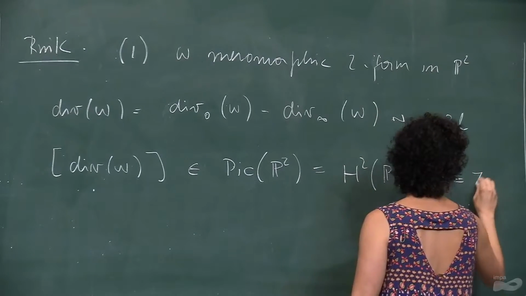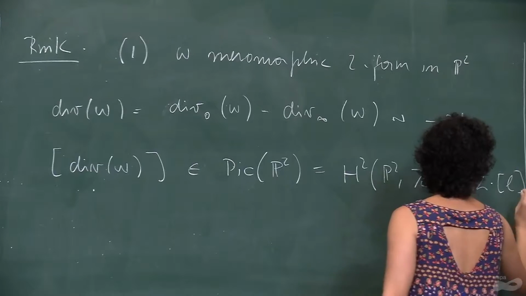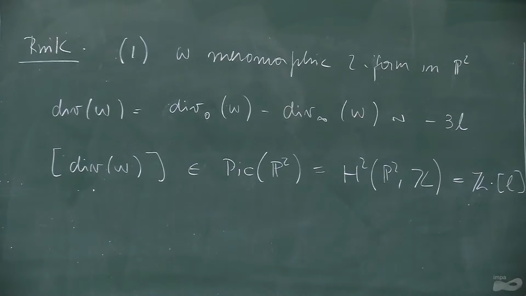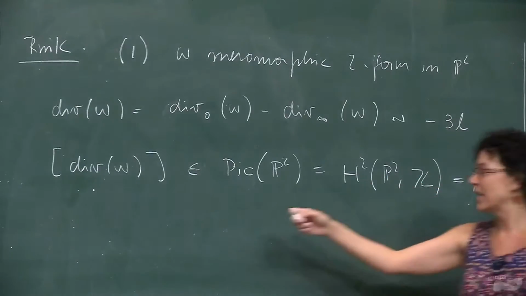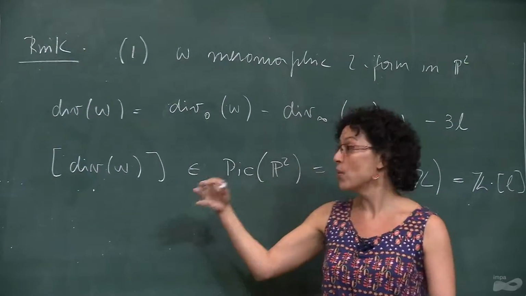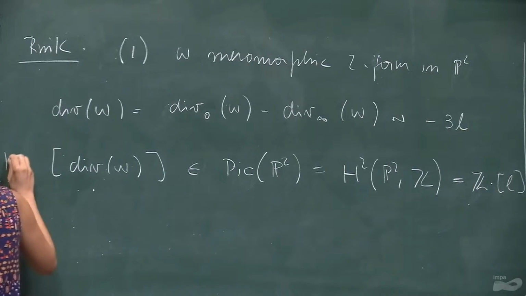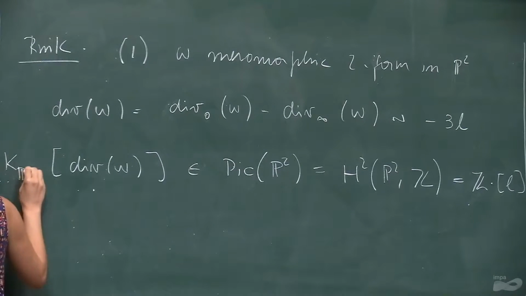So these are all generated by the class of the line. So it doesn't matter which meromorphic 2-form you start with, the class of the divisor is always the same. So this is what we call the canonical class of P2.